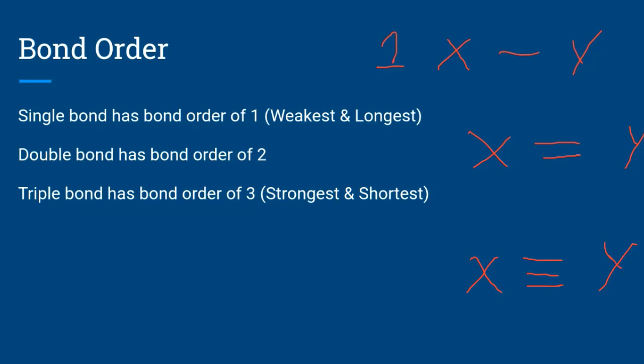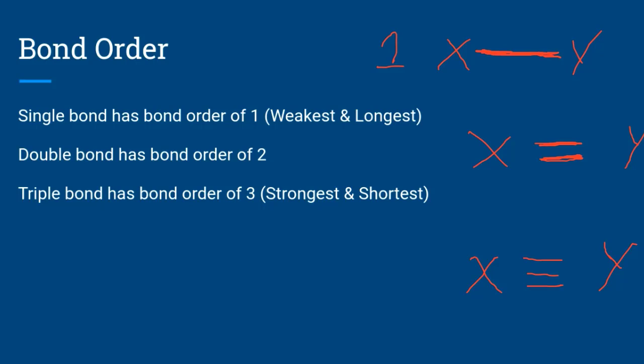Now, are all of these three bonds the same? No. It turns out a bond order of 1, or a single bond, is the longest bond, and it's the weakest bond. The second one, bond order of 2, a double bond, has a medium length and medium strength. And a triple bond is the strongest of the bonds, and it is the shortest of the bonds.